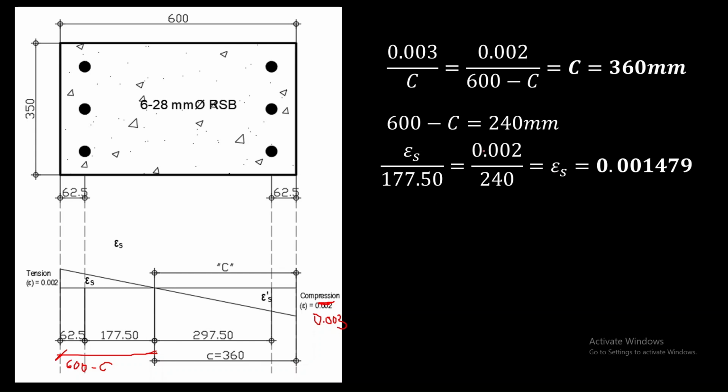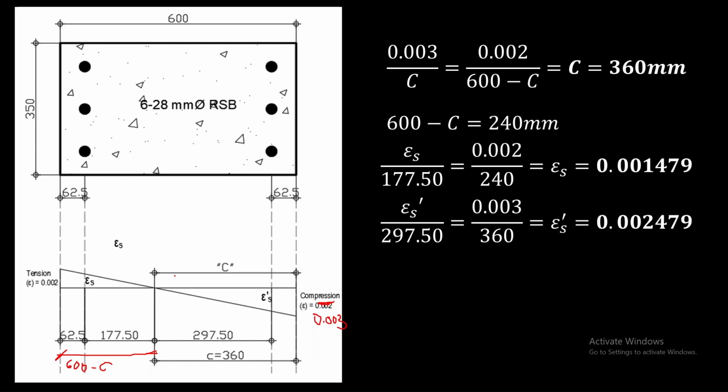After substituting those values, we have 0.001479 of the strain on the tension reinforcement. Next, the strain caused by steel reinforcement on the compression side. So again, using a similar triangle method, this strain over 297.5 is equal to 0.003 over 360.